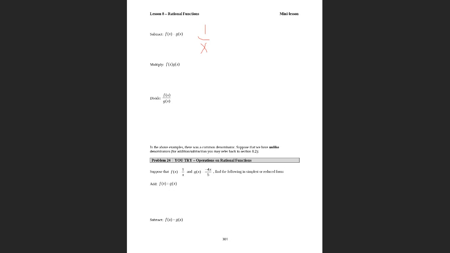So we have 1 over x minus negative 4x plus 1 over x. Now at this point, remember this minus is there, this minus is there. So minus times minus 4x is positive 4x, because this is like putting this in a parenthesis, right?